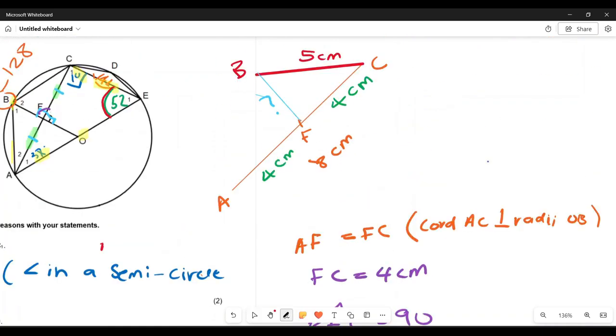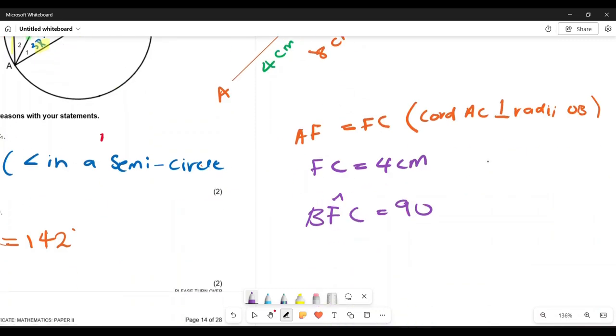Why? Because we were given this angle as 90. So as a result, this would also make this angle equal to 90. And our reason here is angles on a straight line.